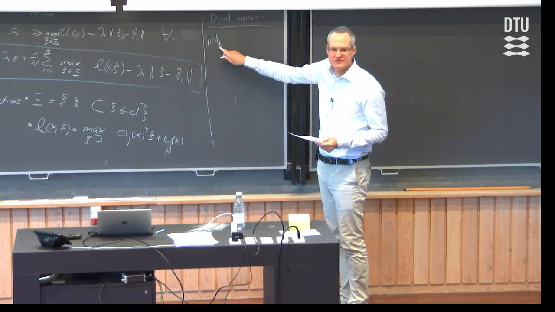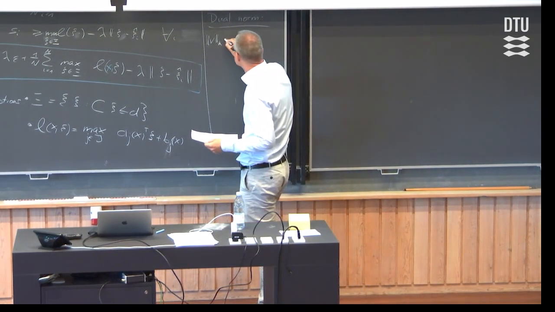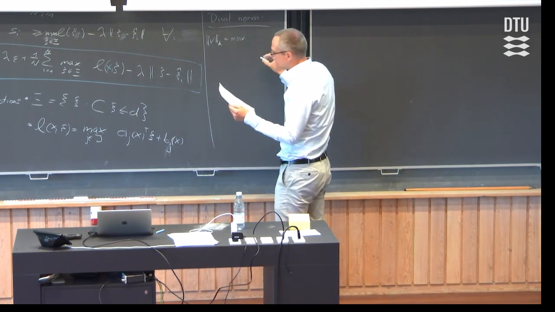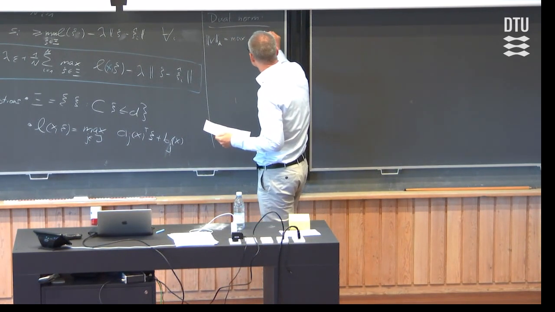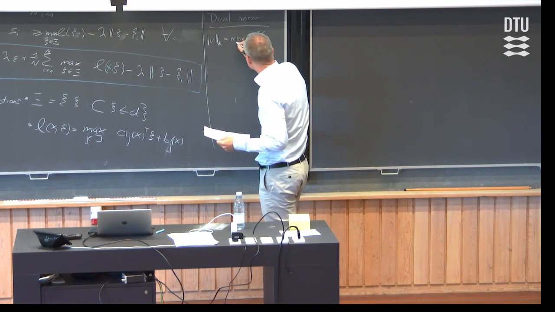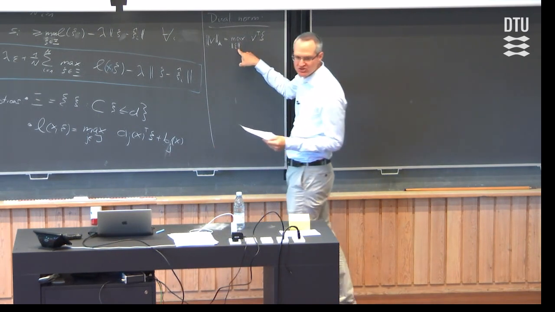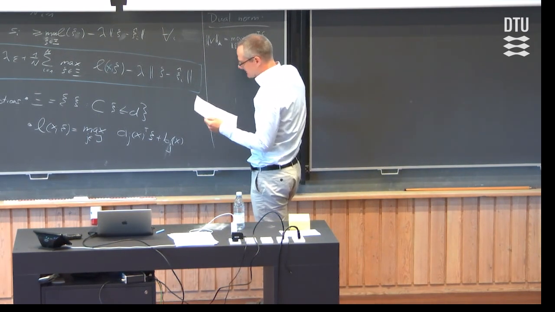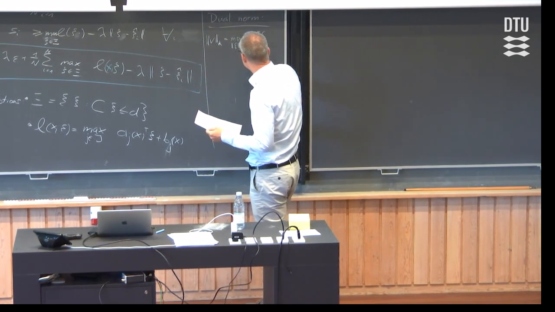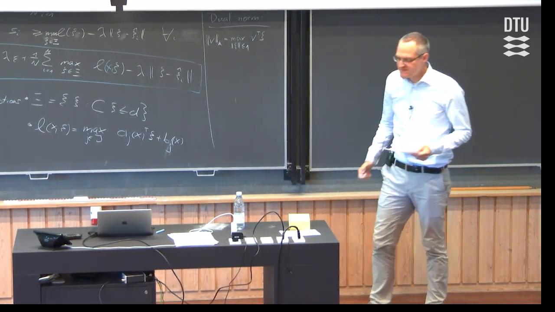Okay? And I define this as the solution of a maximization problem, where the objective is to maximize v transpose xi over all xi whose norm, and that's the original norm, is smaller or equal to 1. Okay?